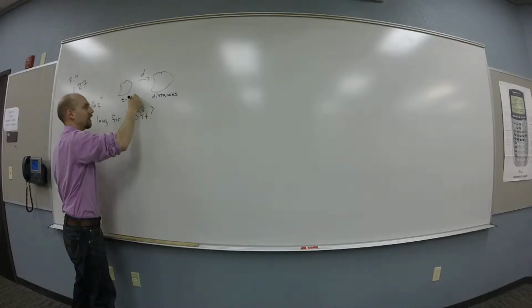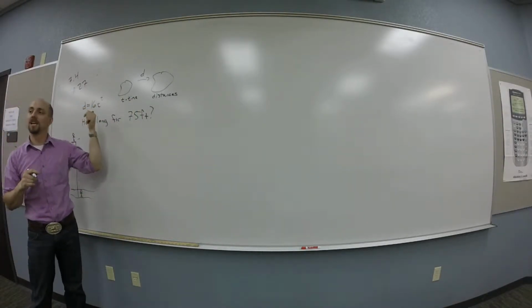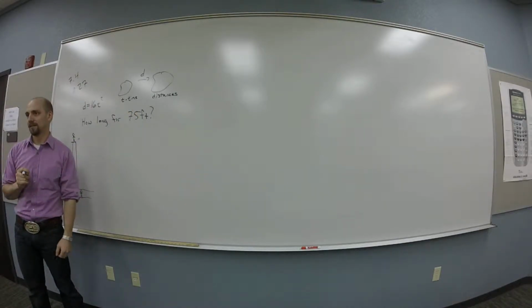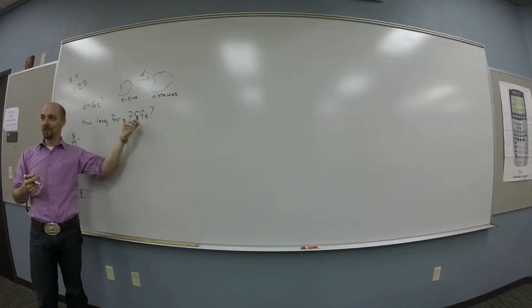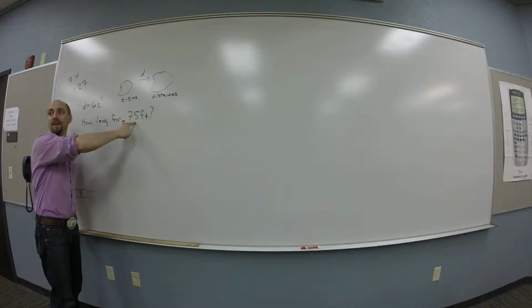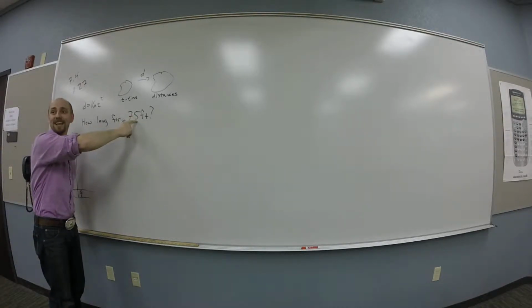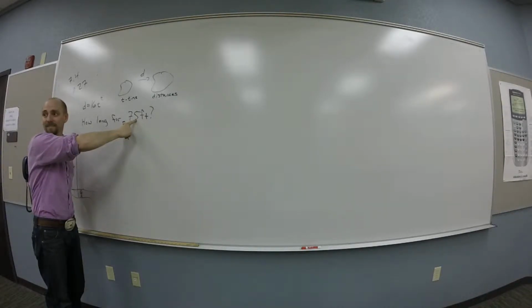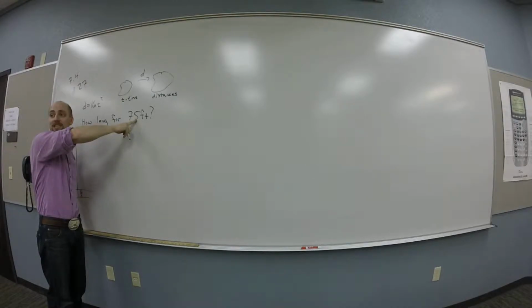So is the 75 feet a time or a distance? That's the final distance. It's got distance units on it, so it's got to be a distance. So is this an input or an output? It's got to be an output because it's a distance.